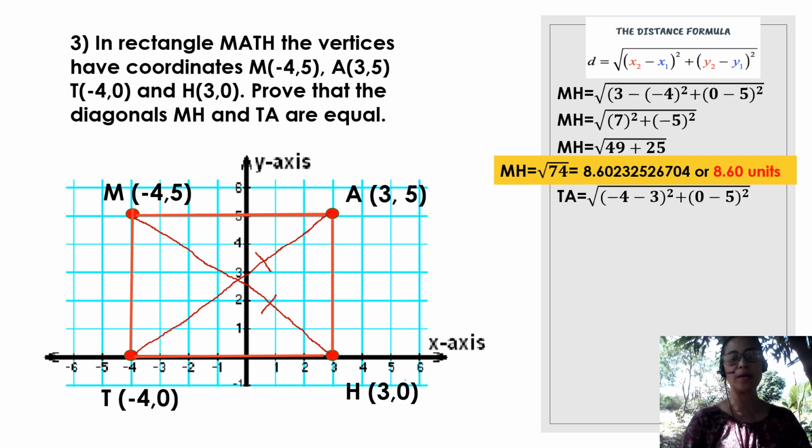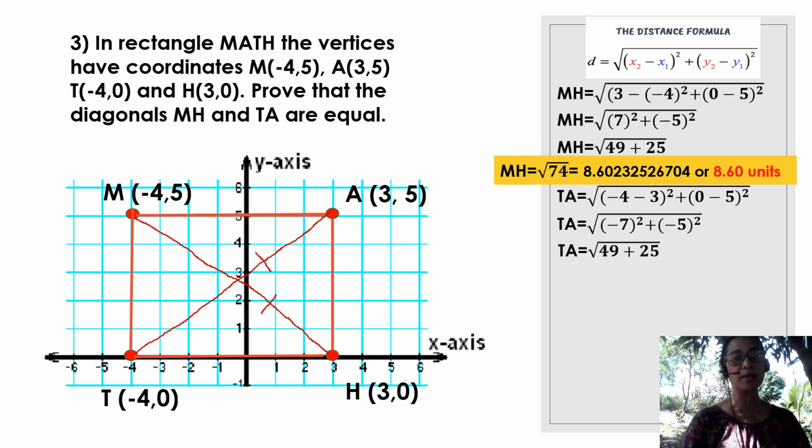Now we will move on to solving the length of TA. So TA, when substituted into the distance formula, will have negative 4 minus 3, squared, plus 0 minus 5, squared. Then dealing with the ones inside the parentheses, we get negative 7 raised to the second power plus negative 5 raised to the second power.